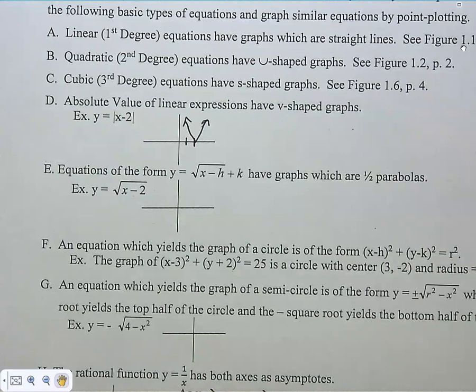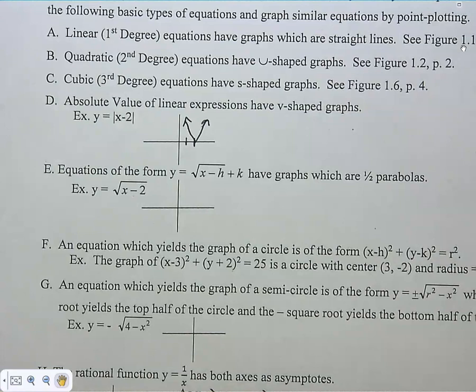Whatever kind of function we have, a squaring, a cubing, a cube rooting, an absolute valuing function, if something's added or subtracted inside the parenthesis or inside the absolute value or under the radical, that's your horizontal shift. And that horizontal shift always works the opposite of what you might have expected. Subtracting 2 actually moves the graph to the right 2. Here, subtracting 2 is going to move that graph to the right 2.